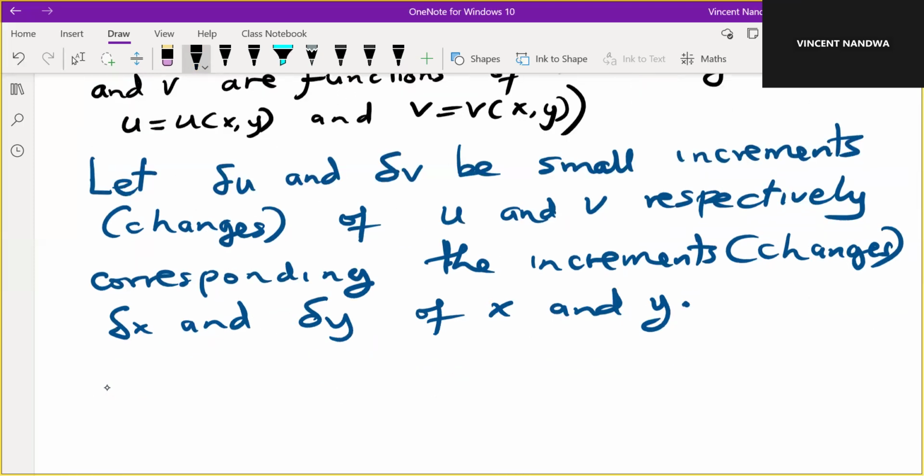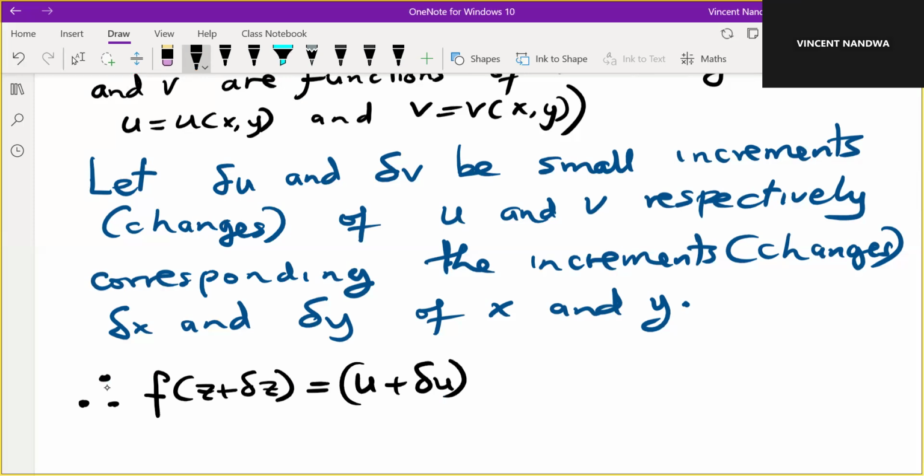So then now we can write. So therefore, f of z plus delta z, z plus small change in z, will be given by u plus delta u plus i times v plus delta v.